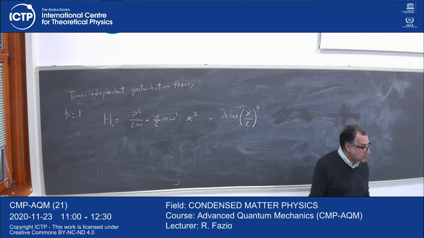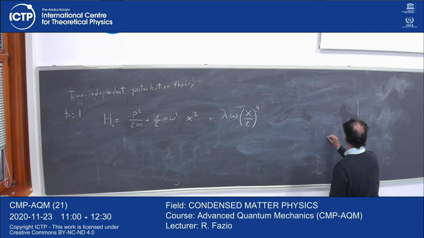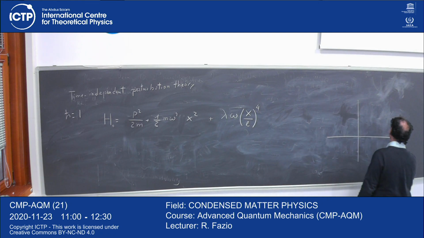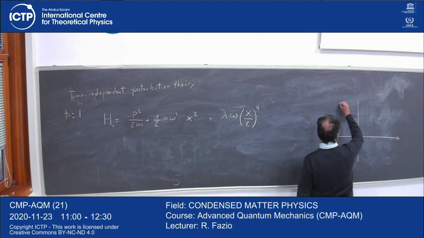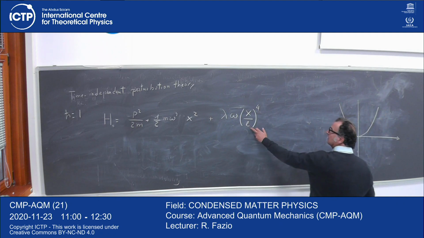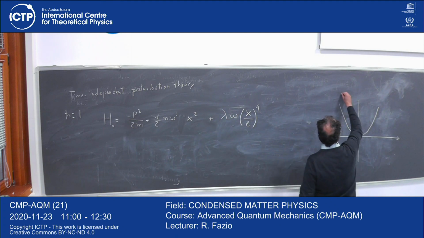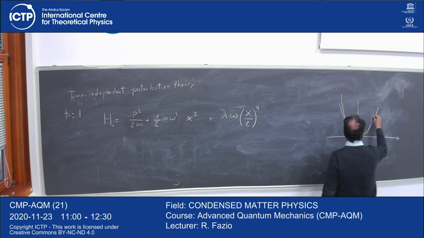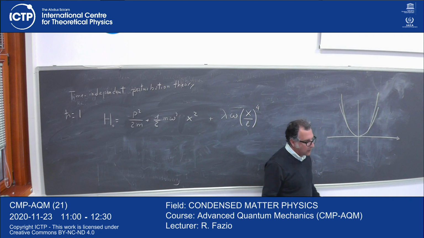So the procedure is the same as before, but you see that for an anharmonic potential of this kind, basically what happens is that you will get something like this. So close, you get a steeper potential, okay, more or less.